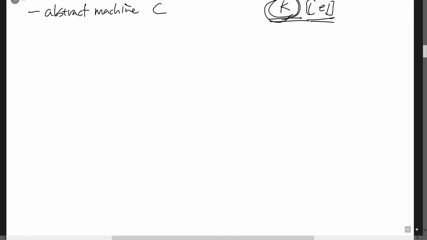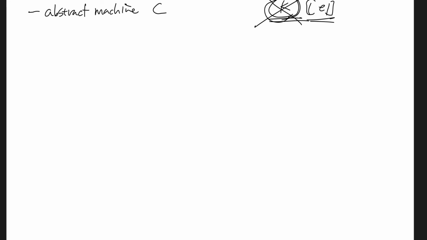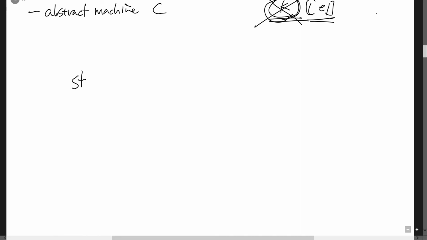But that's no longer the case once we think about implementing a concrete machine. So the idea is now we ditch this notion of evaluation context, and instead we introduce something called the stack of frames. So we have a stack sigma, and this stack is literally a stack of frames. So we have another definition, frame, for which we use phi.